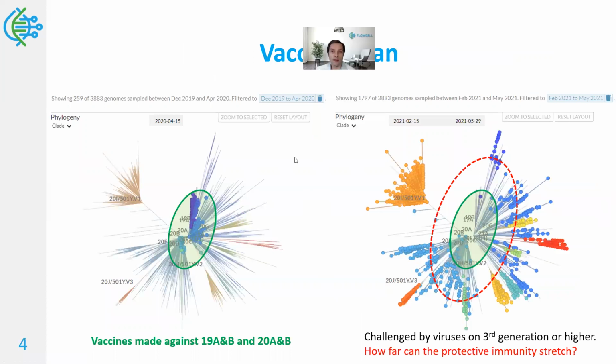Speaking of diversity in vaccines, here's a look at the cluster of the mutants with the branching and specific sequences that are representative of clusters of genomes that have been sequenced.